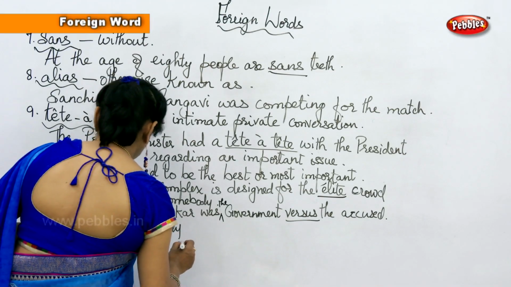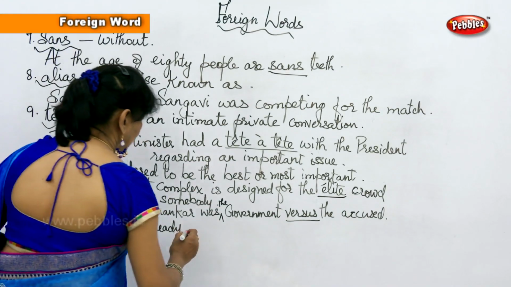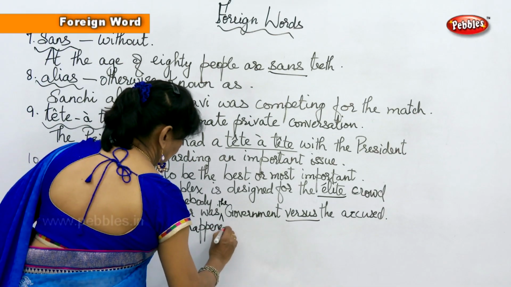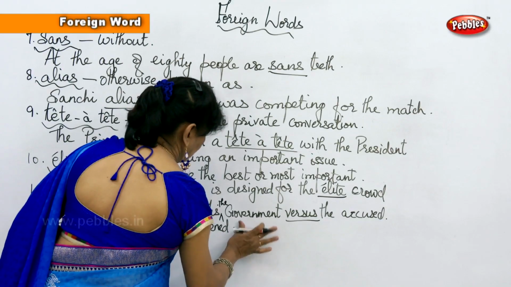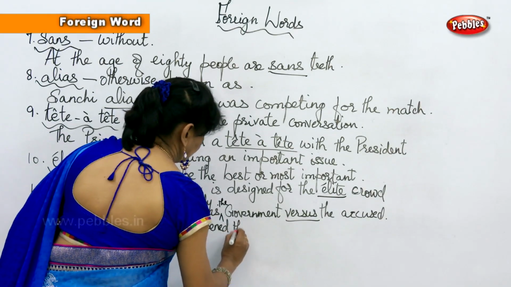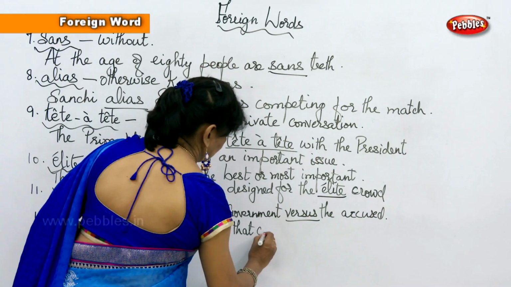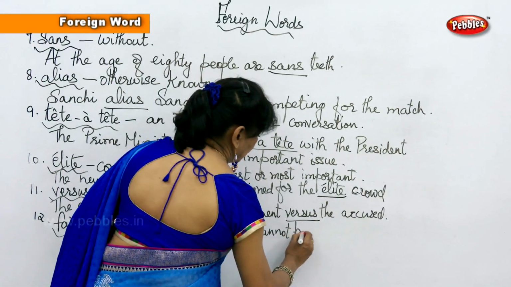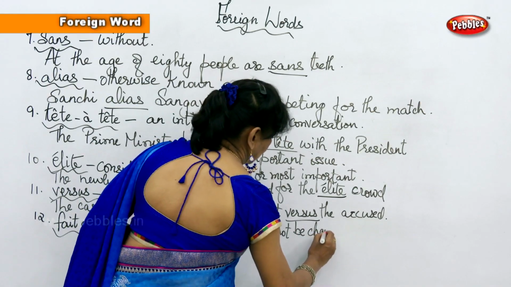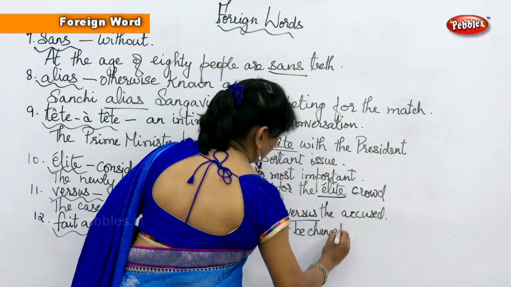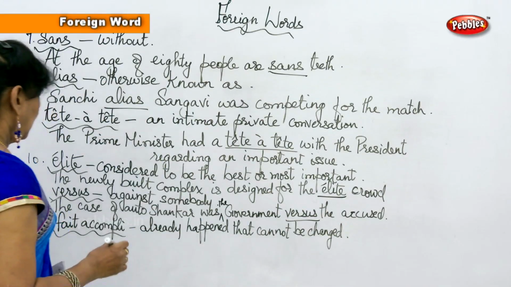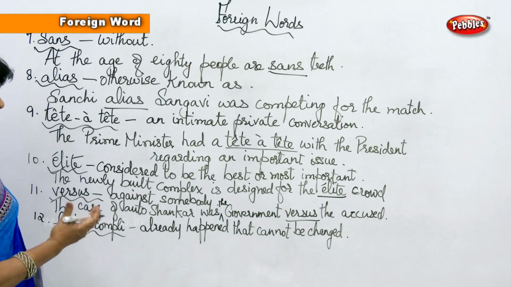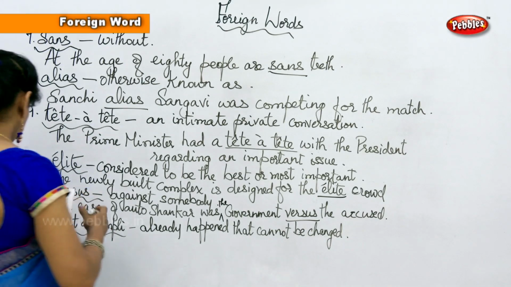Already happened, things already happen, that cannot be changed. Things that have already happened and which cannot be changed. Okay.